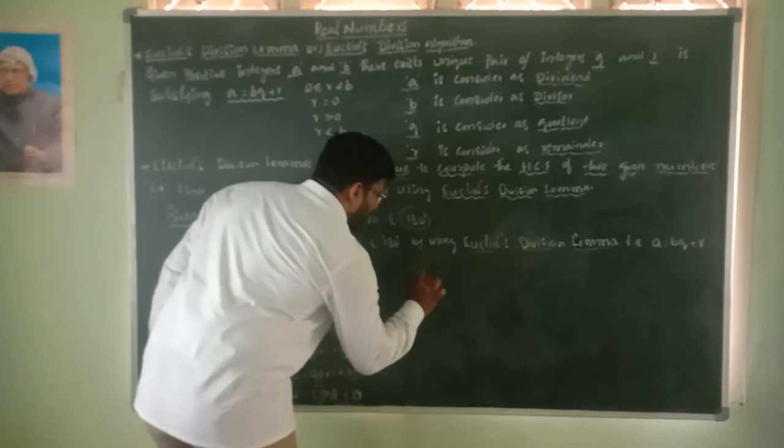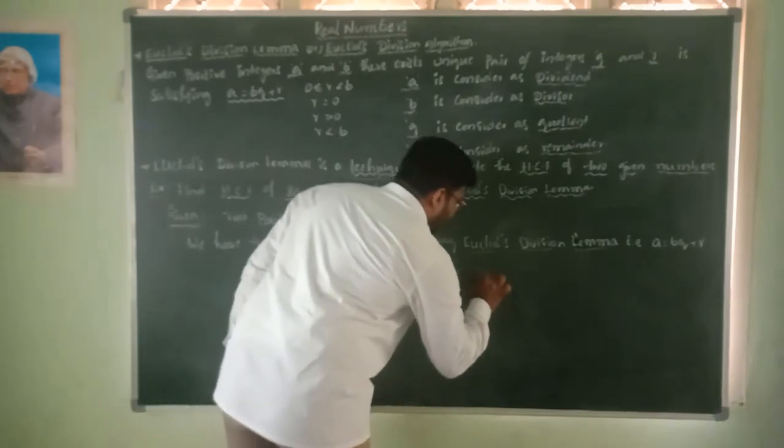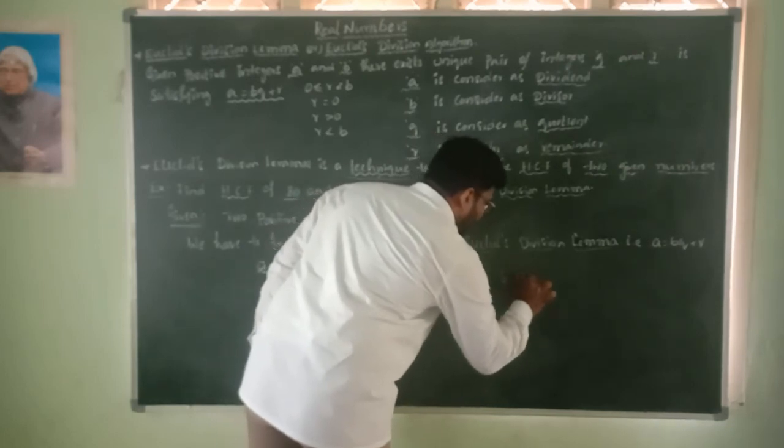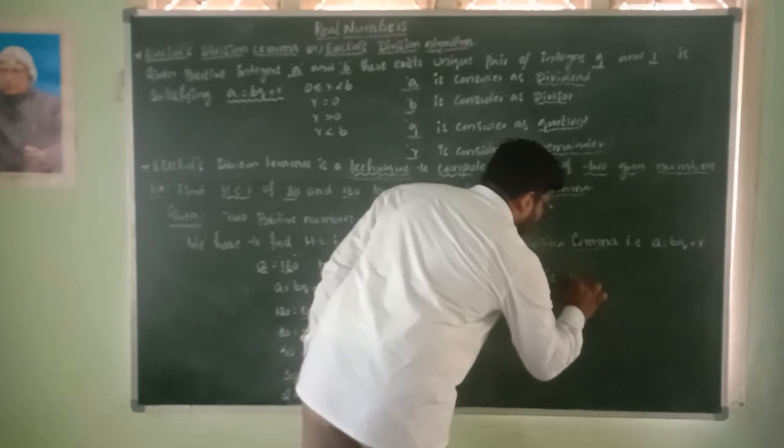Therefore, the HCF of the given two numbers 80 and 130 is what, children? 10.